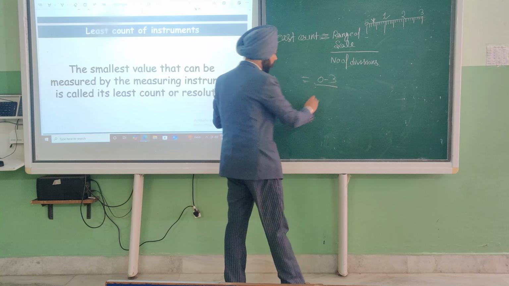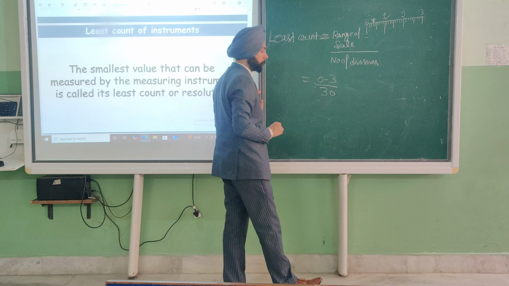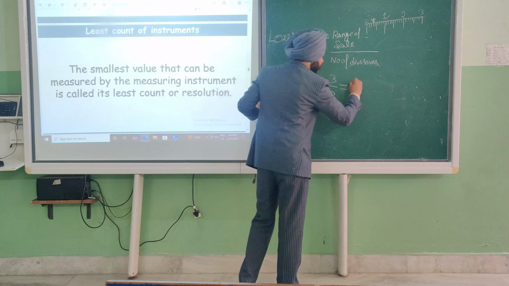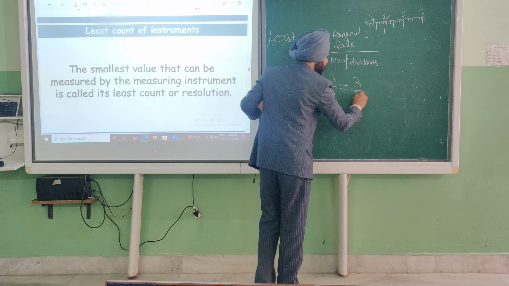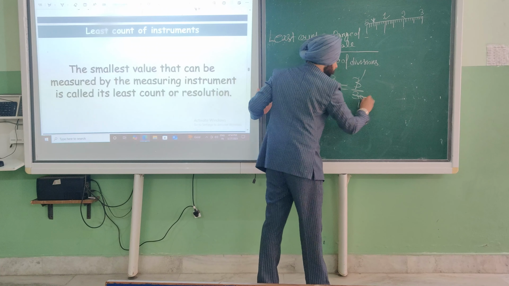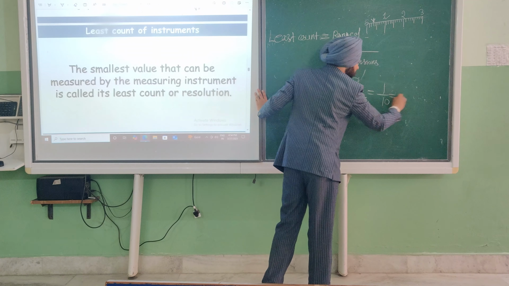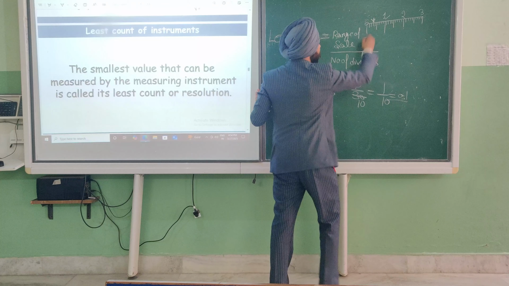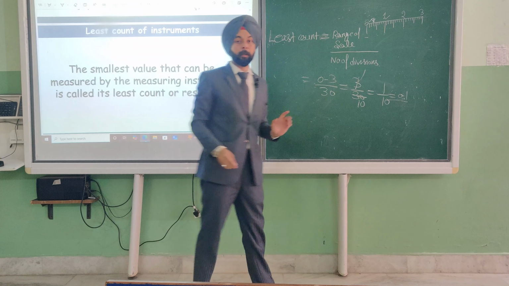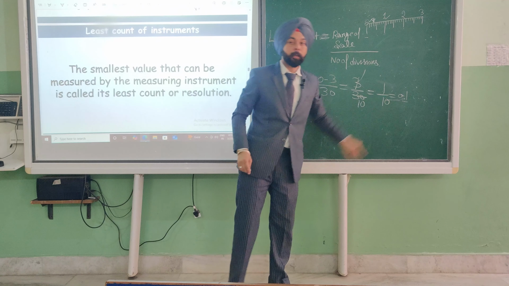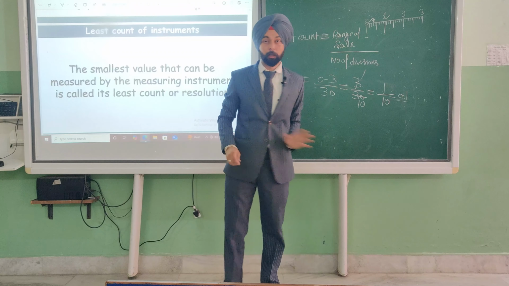Okay, 30 divisions are here. So that means 3 upon 30, one division is equal to 0.1. So this 0.1 is the least count of this scale.